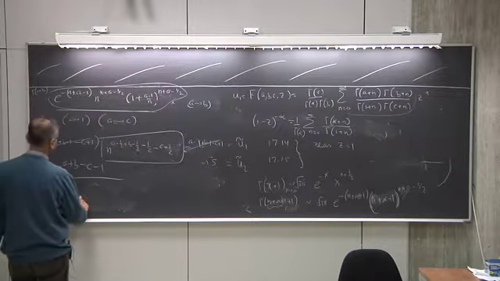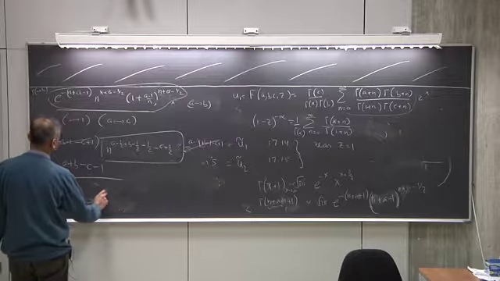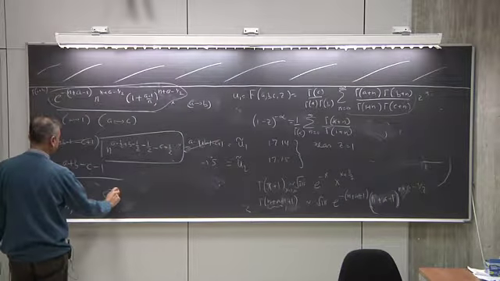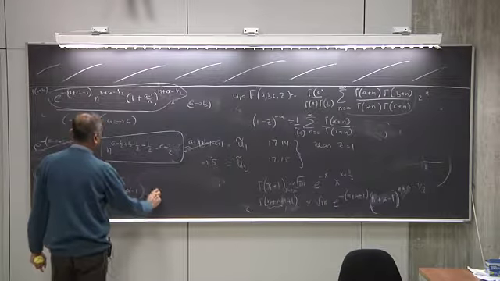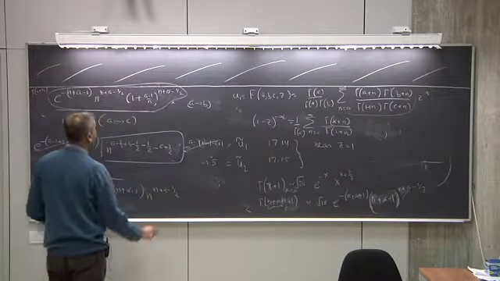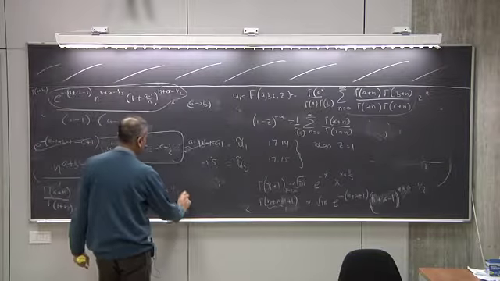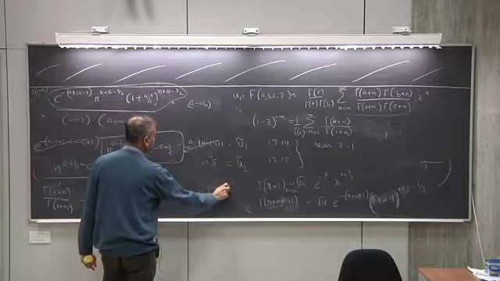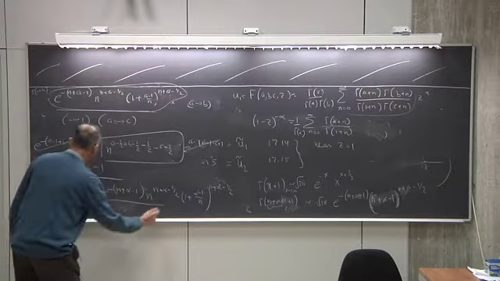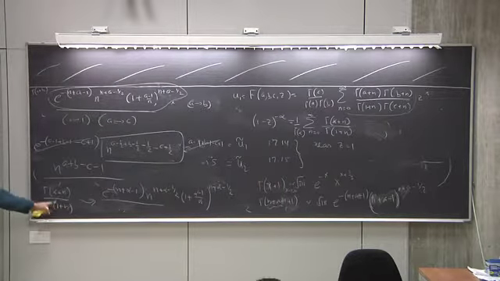So you find this goes like e to the minus n plus alpha minus 1, n to the power of n plus alpha minus half, and then 1 plus alpha minus 1 over n plus alpha minus half, divided by the same expression, just replacing alpha by 1.